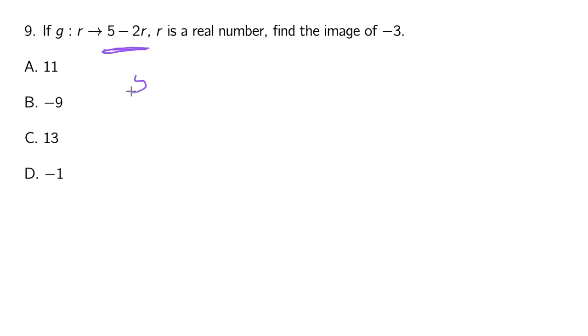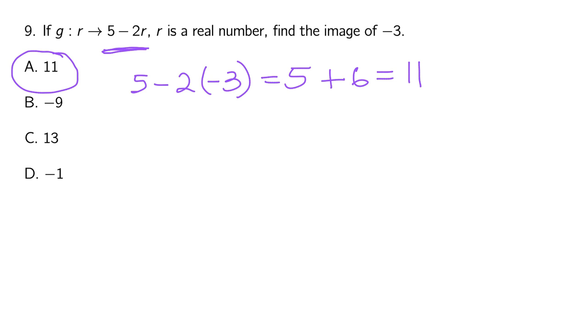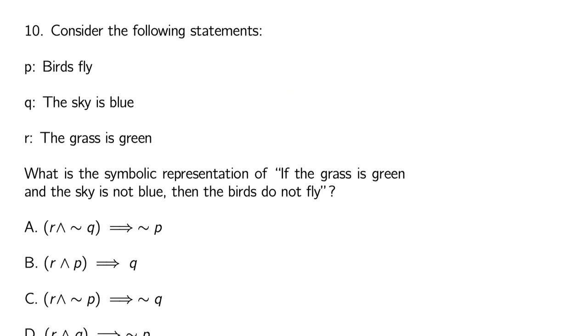So we have 5 minus 2r, but our r is now minus 3. So we get 5 minus 2 times minus 3, which is now plus 6, which is equal to 11. So that's our result.